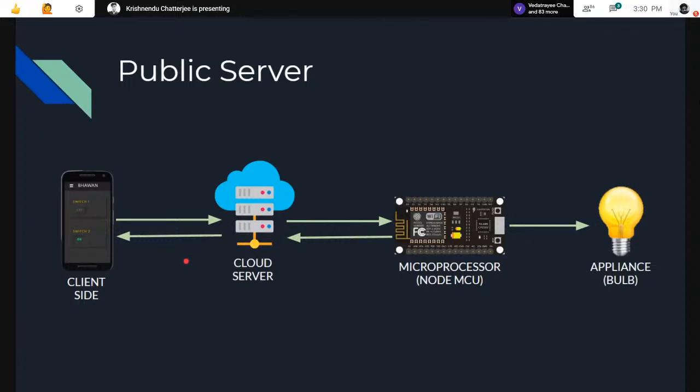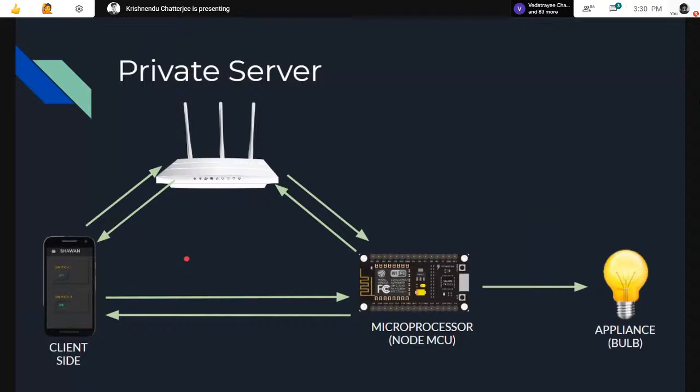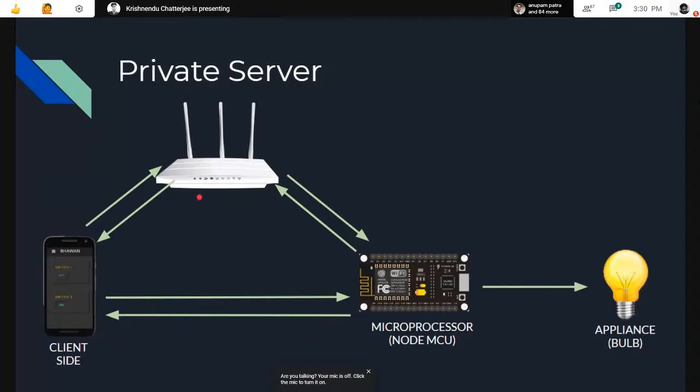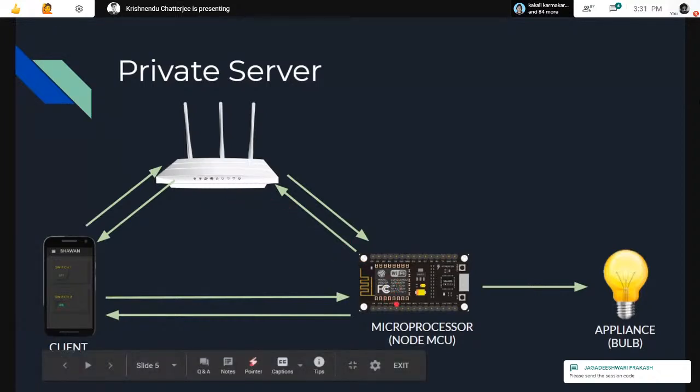For the private server, everything is the same, but the router cannot be accessed from the outside world unless it is port forwarded or a tunneling process takes place. The client side sends the request to the router, the router sends the request to the NodeMCU, and the bulb is turned on or off.